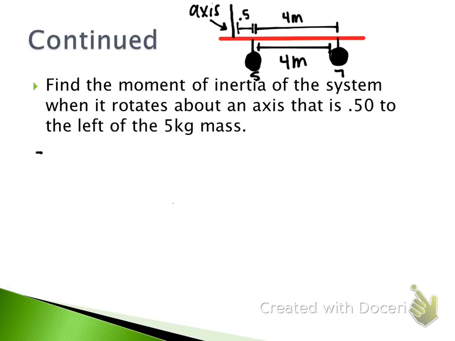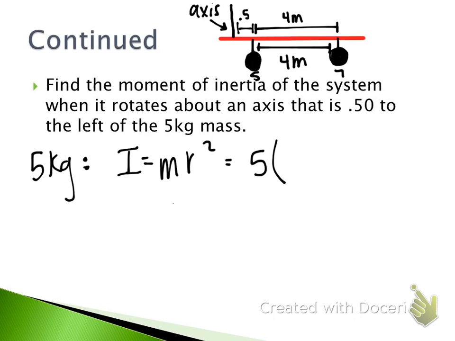So if we solve for the 5 kilogram mass, we want the moment of inertia of the total system. So we want the 5 kilogram mass first. I equals mr squared, which would be 5 times, what's the radius now of the 5 kilogram mass? 0.5, because it's located 0.5 meters from that center axis.